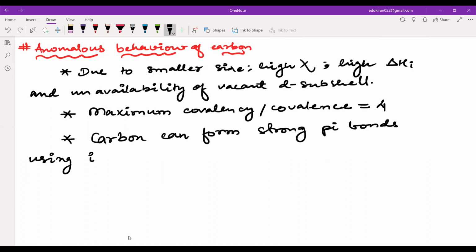So carbon can form strong pi bonds using its p orbitals. Now, due to the small size, carbon was not able to form more than 4 bonds. But the same thing, the small size of carbon, is helping it to form pi bonds.